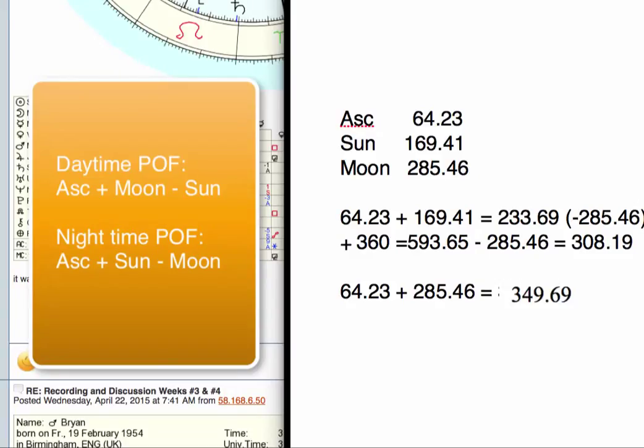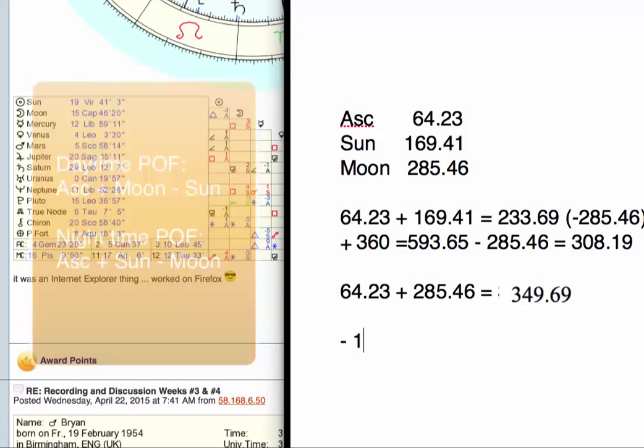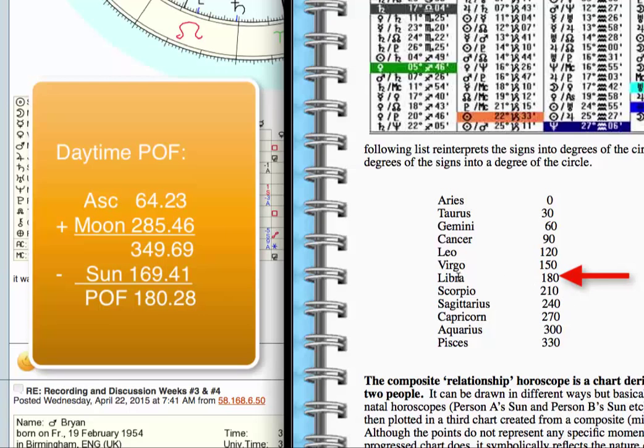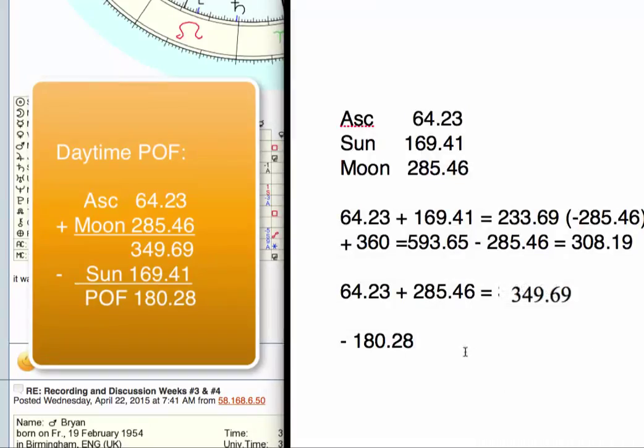Okay, that number we can easily now minus, we don't have to add the zodiac into that, we can minus and come up with, it's looking very much like a 0 degree Aries point here at 180.28, which, if we remember half the zodiac, 180, that's going to be Libra, the 7th sign of the zodiac. Okay, we've got our 180 Libra. So we are indeed at 0 degrees of Libra, 28.